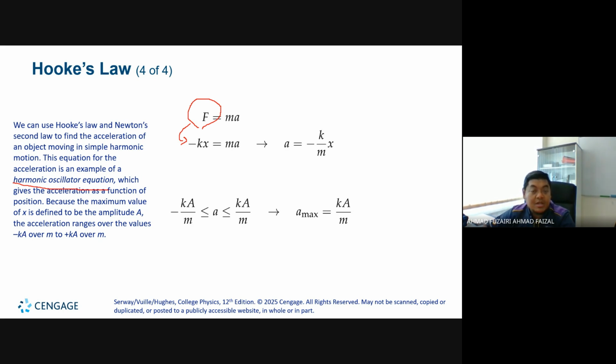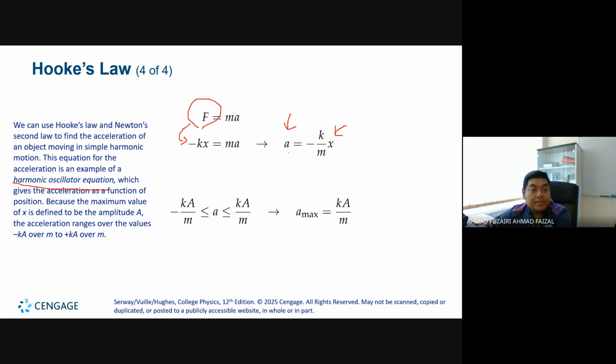Therefore, we can rearrange this equation so that the acceleration is the subject, and then we have the acceleration as a function of position. That means a equals negative k over m times x.